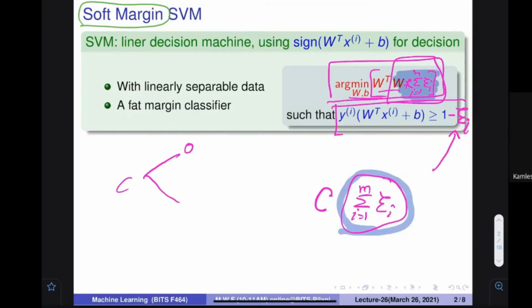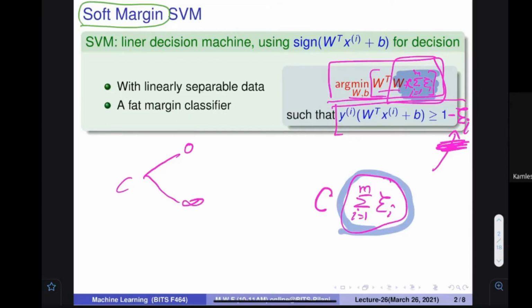I'm going to allow some points to be misclassified because of this setting over here, but I'm not minimizing that. So what would happen? It would be a bad kind of classifier, because it is going to allow something to be misclassified also. But if I put it as infinite, what does it mean?